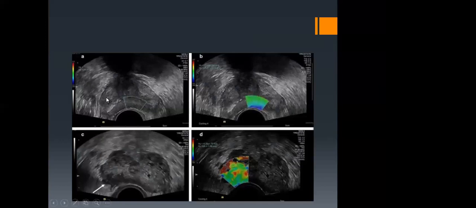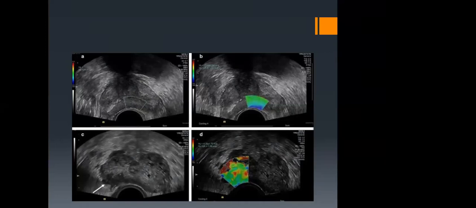This is just an emphasis on elastography. This is our normal prostate. This is smooth, and this is how we do it, just like we do for color Doppler. Many of the machines have a preset for elastography.